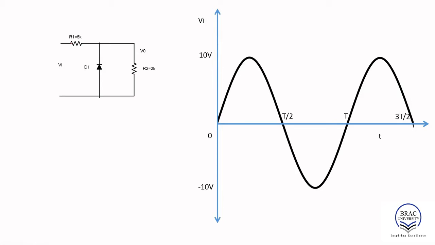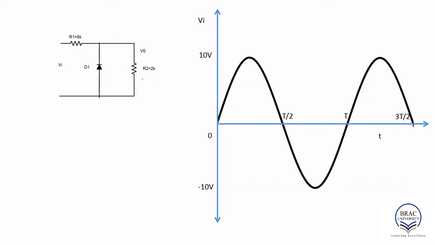So we have an R1 resistance of 5K, and then we have R2 resistance of 2K, and a diode D1 is connected parallel to R2. Which means we have a parallel combination.